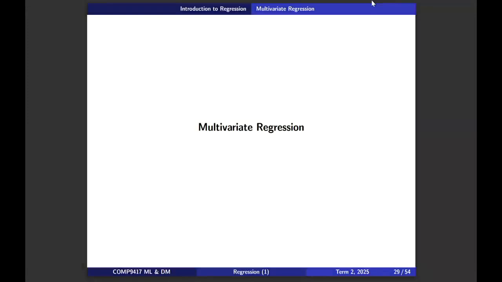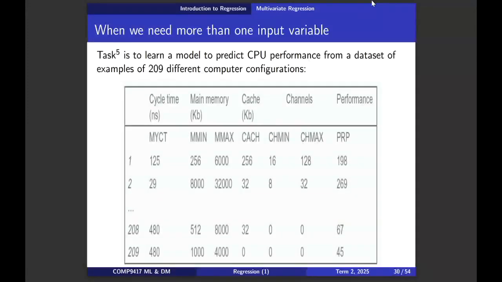All right, I want to talk about multivariate regression, because very often you don't just have one input value. In fact, that would be the exception. So what I'm going to do is motivate and outline multivariate regression.